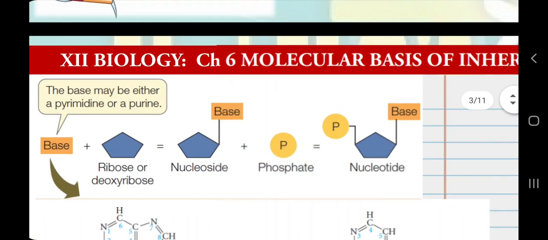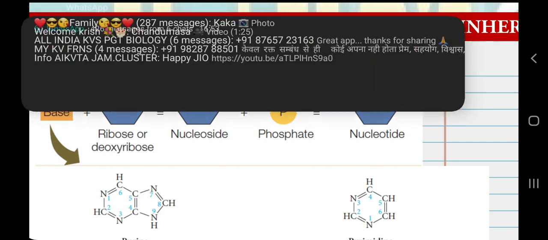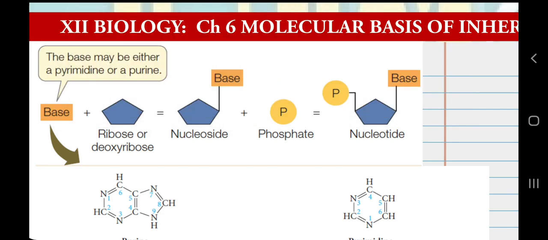Now coming back to these nucleotides and nucleosides, as we have learned in class 11th biology, this pentose sugar may be of 2 types, either deoxyribose or ribose. In case of RNA it will be ribose, and in case of DNA it will be deoxyribose. It's very simple.